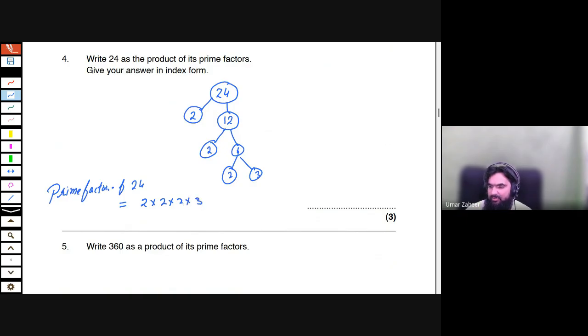So it's a product of prime factors. But he says that you have to write it in the index form. So we have to add the powers. We have three 2's, so 2 raised to power 3 times 3. So now we have to write this one into the index form.